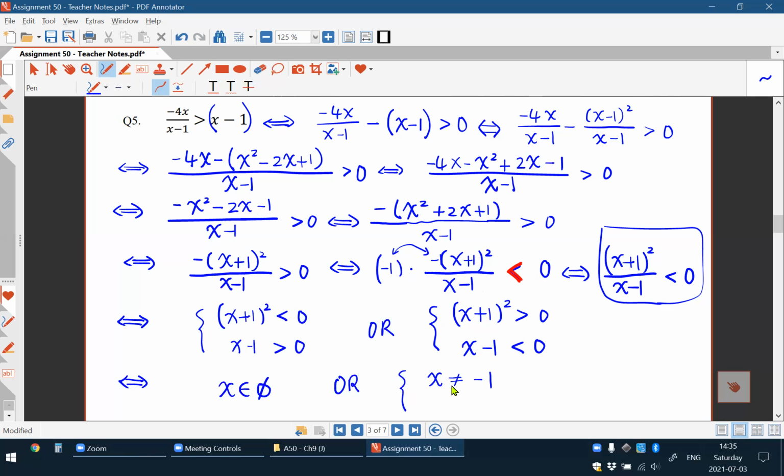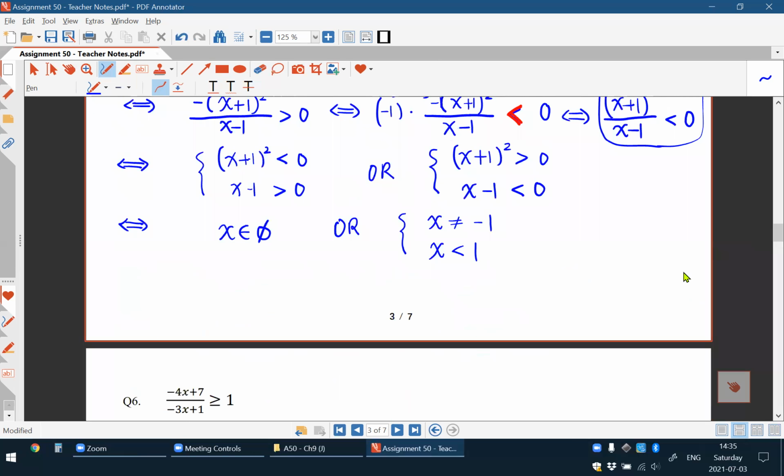If x is not minus 1, this expression must be above 0, right? So this is the first condition that x must satisfy. Second, if we move the 1 to the right, the solution is x must be smaller than 1, right? Okay, so these are the solutions of the two sub-questions.